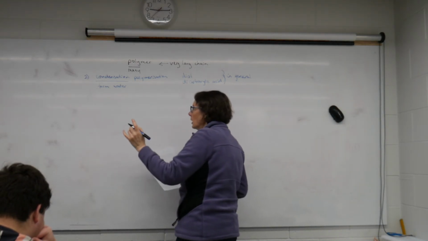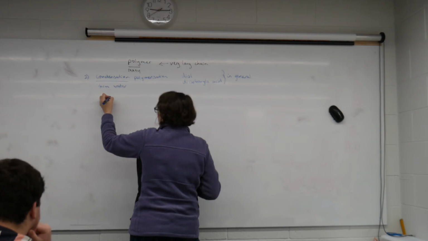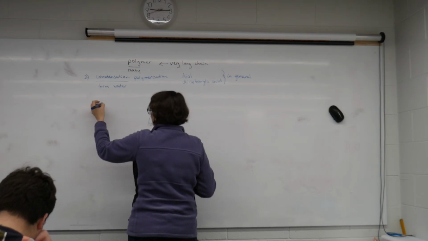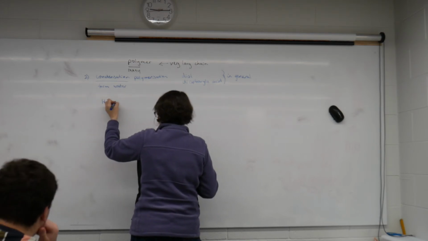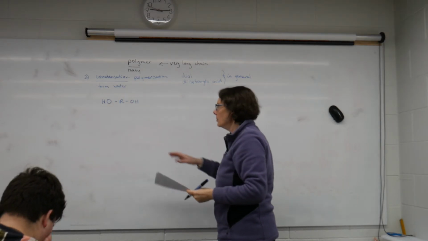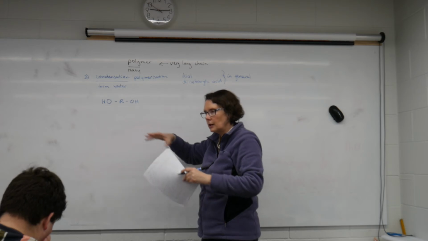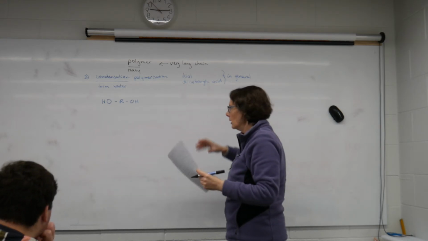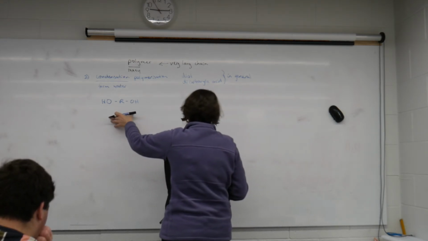This is the generalized form. We're going to have the alcohol like that, remembering that the R is representing a carbon chain, carbon and hydrogen, and we're just focused on the functional group.